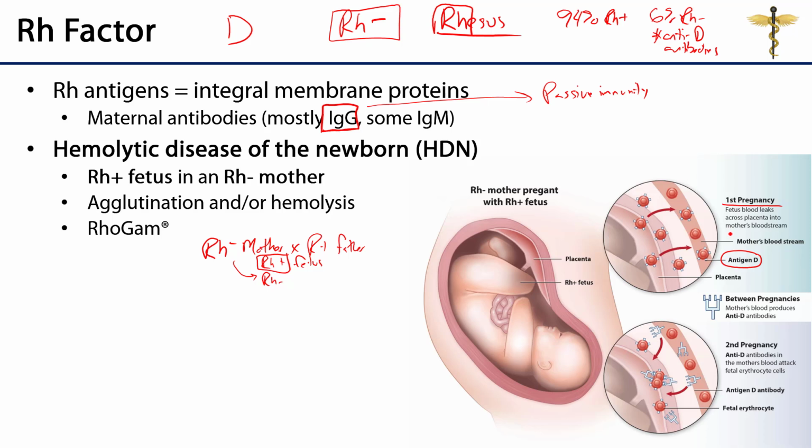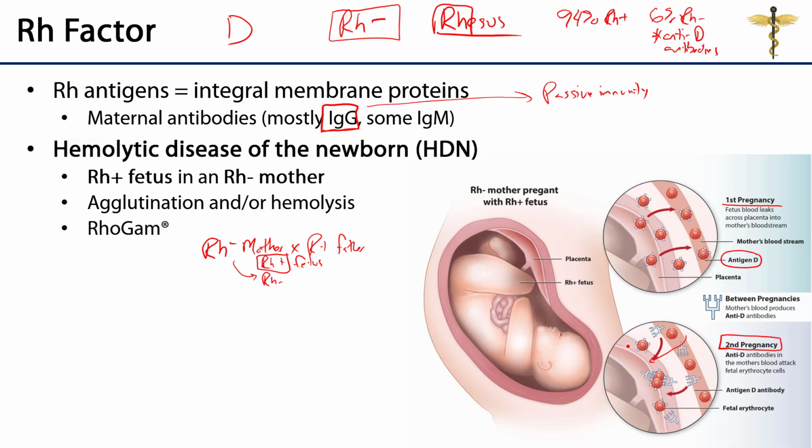That's very problematic for any subsequent pregnancy, because if ever a second pregnancy comes along, those anti-D antibodies can cross the placenta and they will attack the fetal red blood cells as if they are some foreign pathogen.